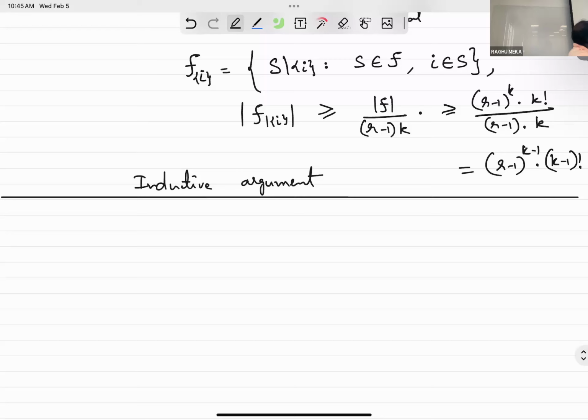If I take it out, I'm reducing the size of the sets in the family by 1. I just need to use induction on k minus 1 now. Okay. So this gave us this bound; you can't do much better than this. But is there anything else that I can do which is similar? Let's say I want to improve this bound. What are some things I can try?